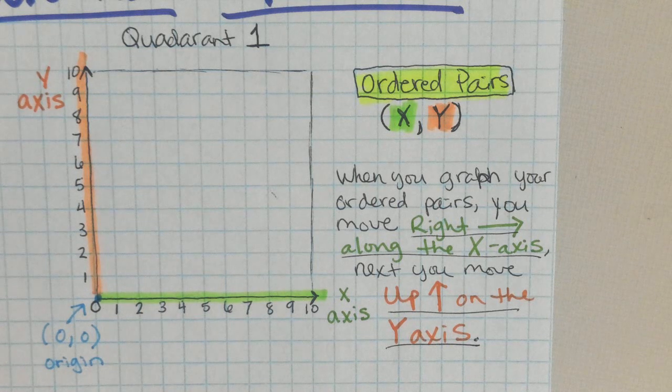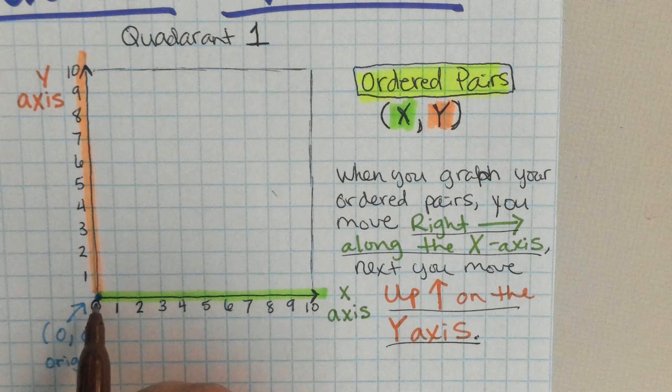All right, now we're going to actually practice. Y'all ready to practice? All right. So if I have the ordered pair 5, 2, that means I would take my pencil, my finger, I will start at the point of origin.